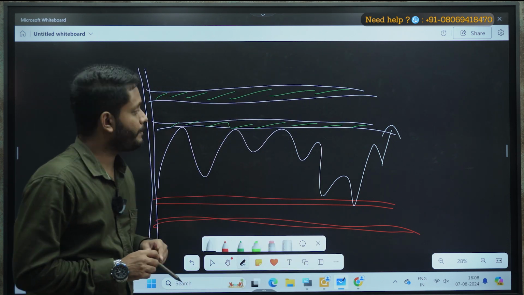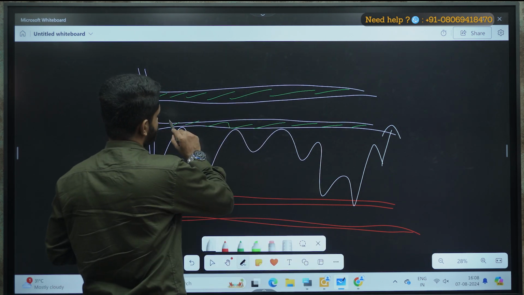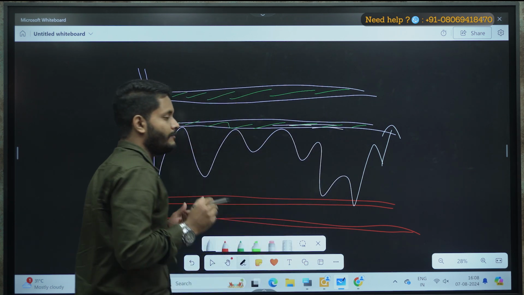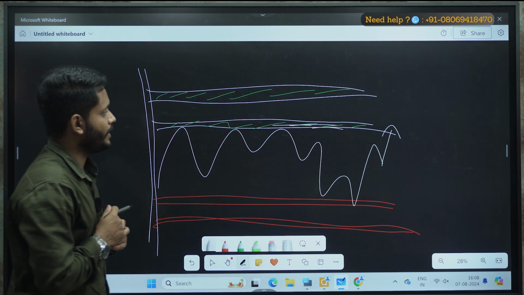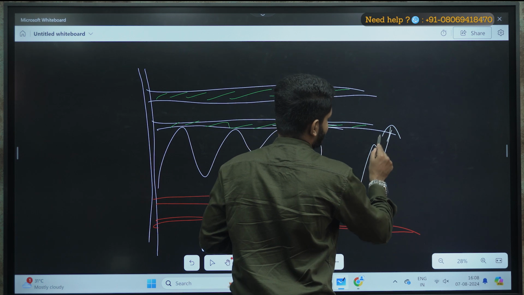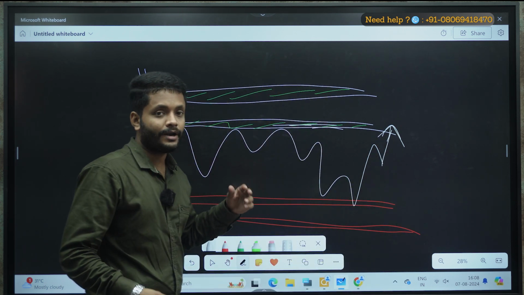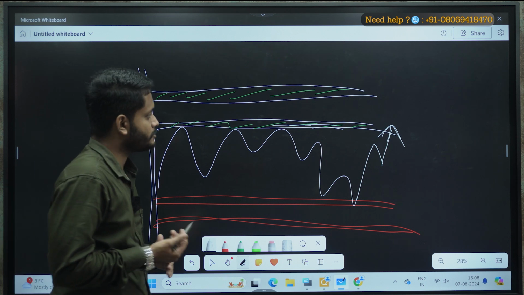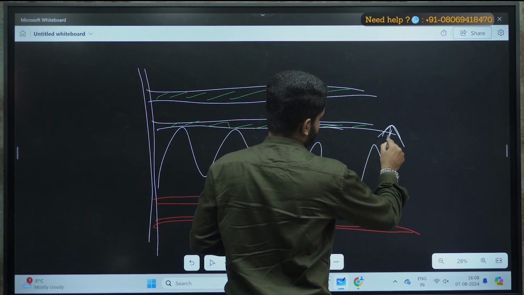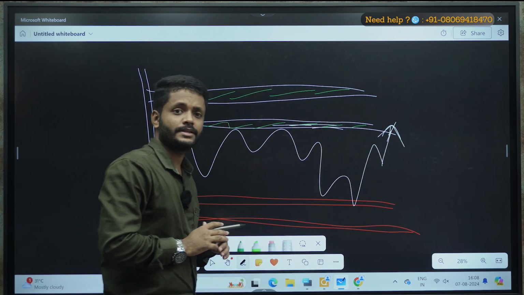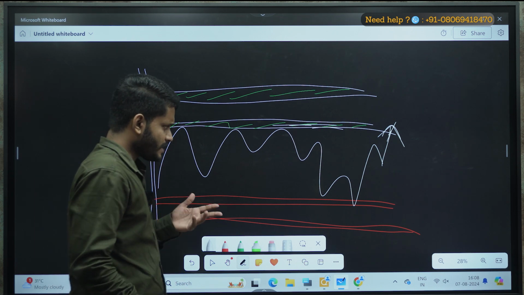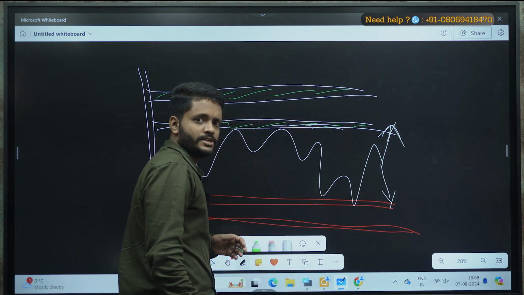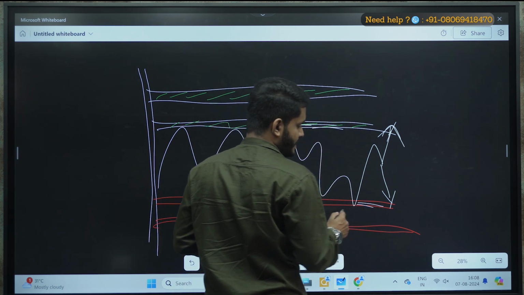Those who have sold the call options at these levels, this is a level where the call writers are active. So when the price breaks this level, the call writers present at this level get trapped, correct? So there is a possibility that the stock might break out and we can see further upside. Similarly, say a stock is near its support level, where the put writers are present.